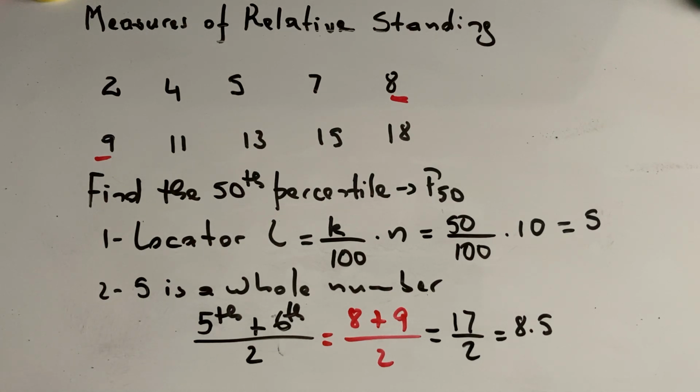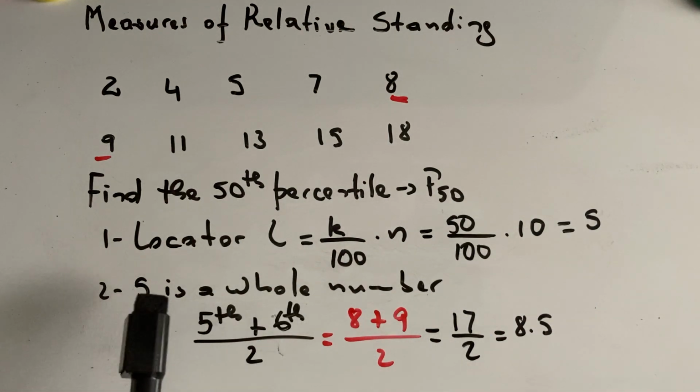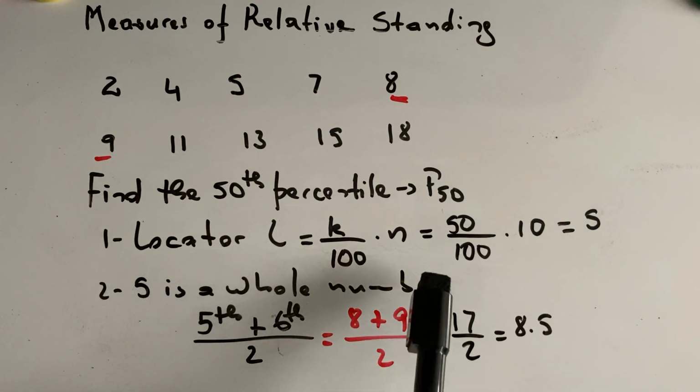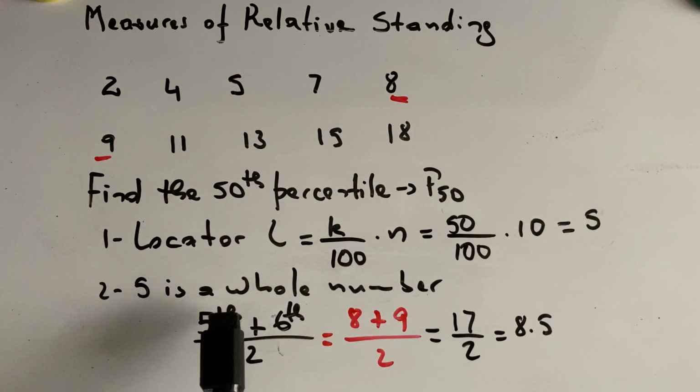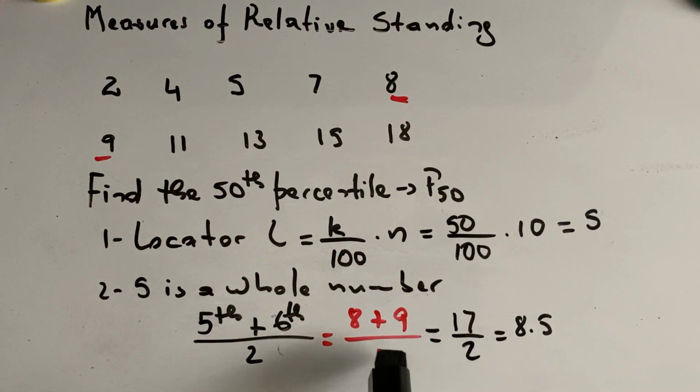So remember, you need to get a locator. After you get the locator, you check whether it's a whole number or not. If it's a whole number, you take the fifth value and the next value, the sixth, add them and divide by 2 to get the actual value at the 50th percentile.